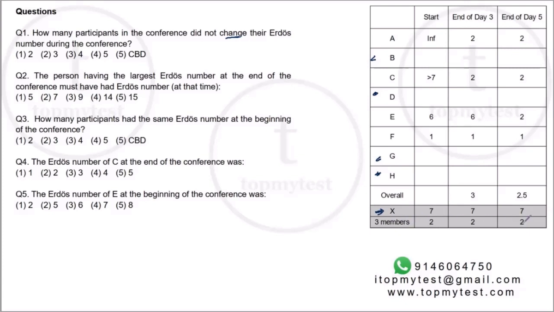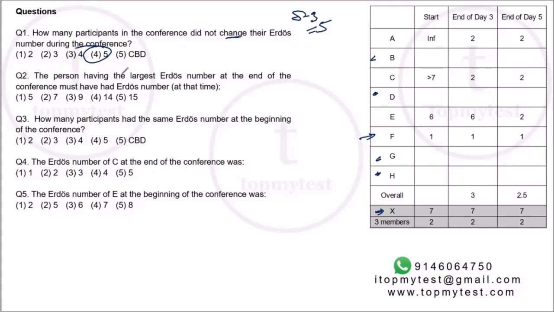These three people remain 2 throughout. F's remains 1 throughout. E's Erdos number changes. C's Erdos number changes. A's Erdos number changes. So only A, C, and E, three people change their Erdos numbers, which means 8 minus 3, 5 people did not change. Option 4 will be your correct choice.